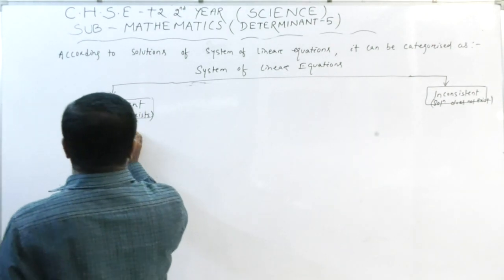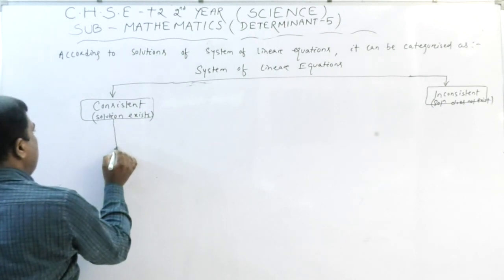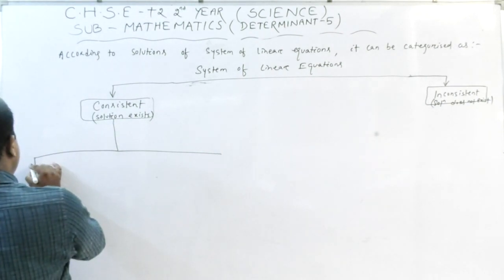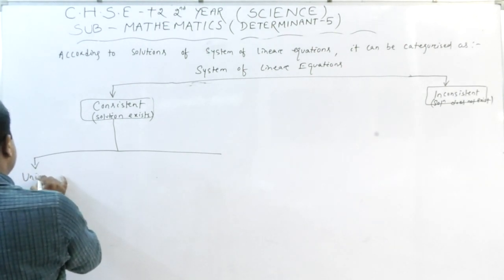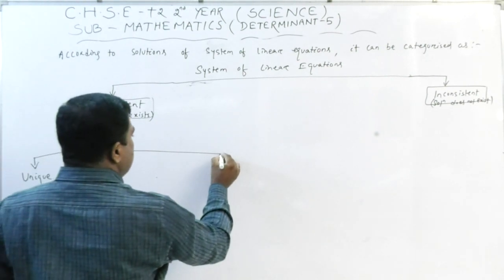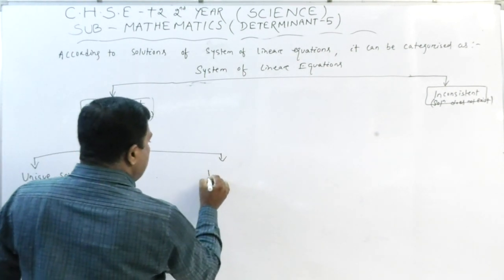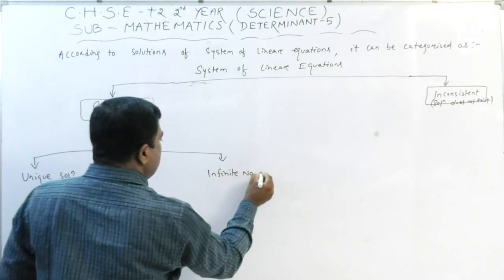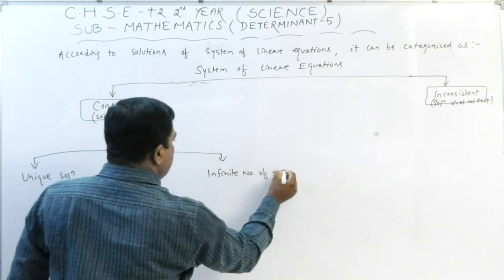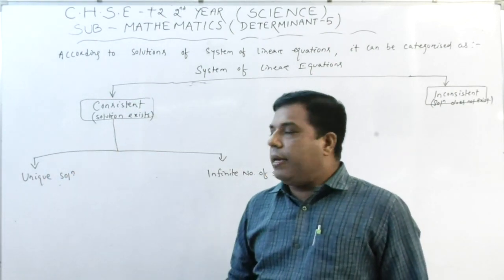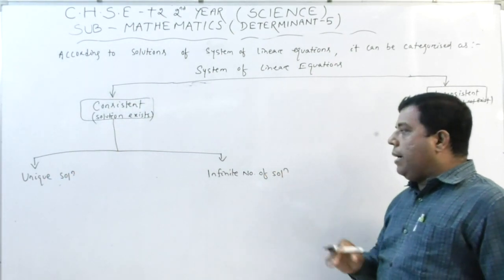Solution exists means it is of two types: one is a unique solution and another is an infinite number of solutions.